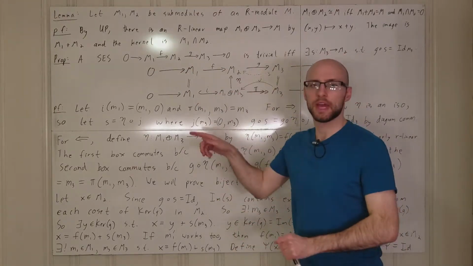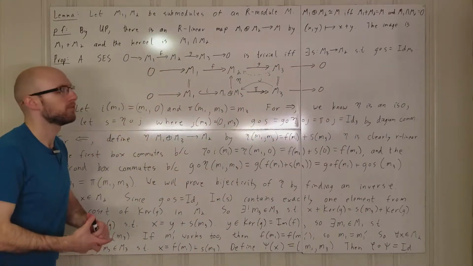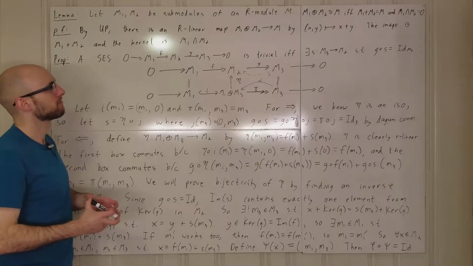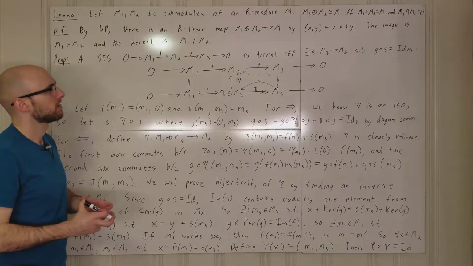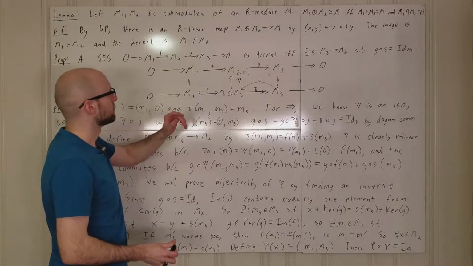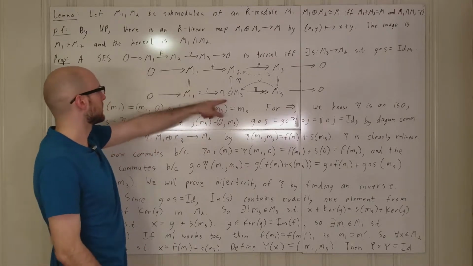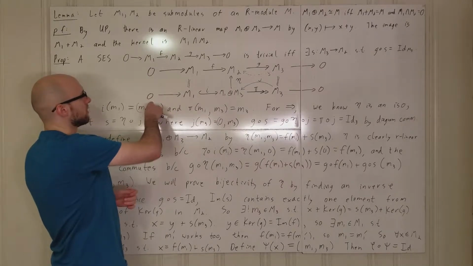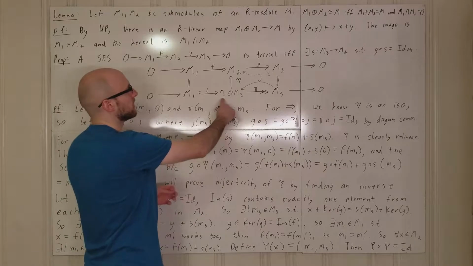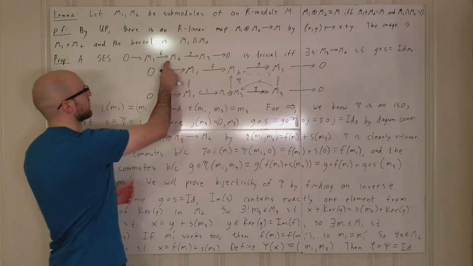So they are linear maps. A short exact sequence is trivial. And what does trivial mean? Trivial means that there exists an isomorphism such that M2 is isomorphic to the direct sum of M1 with M3.